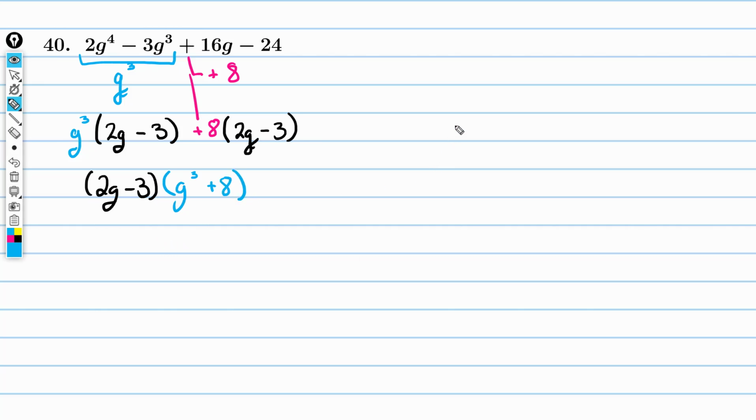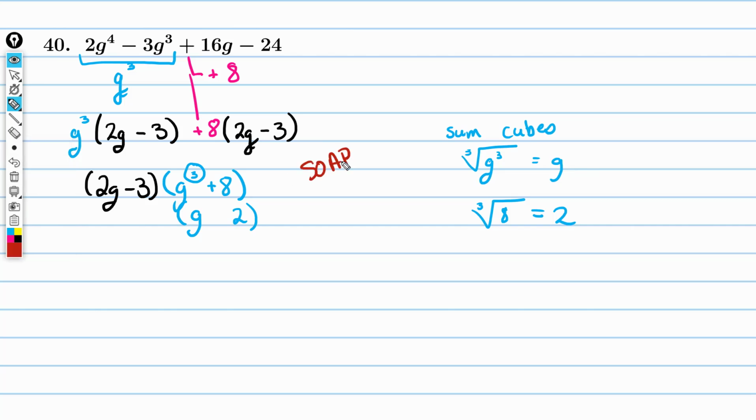The second one, we have a sum, and my power is cubed, so sum of cubes. And so that tells me I need to take the cube root of g cubed, which is g. The cube root of 8, which is 2. So my parenthesis is going to be that g and the 2, and then I'm going to use that SOAP acronym to help us create it.